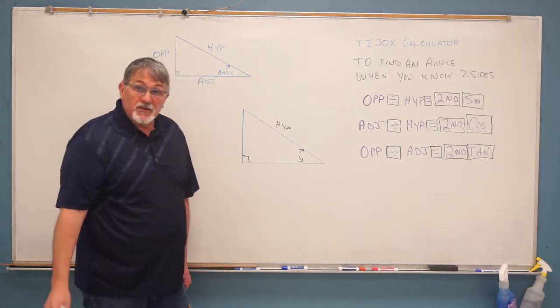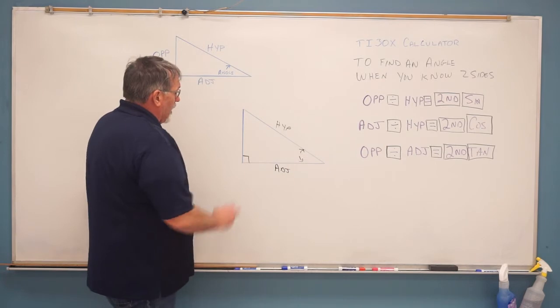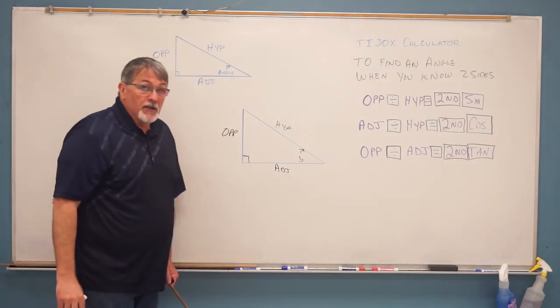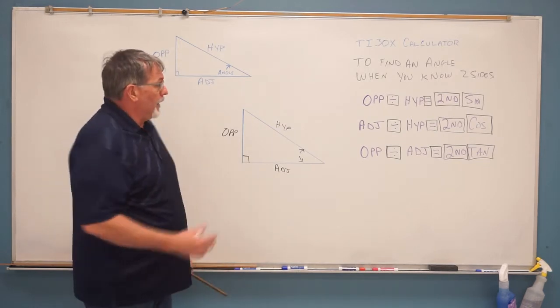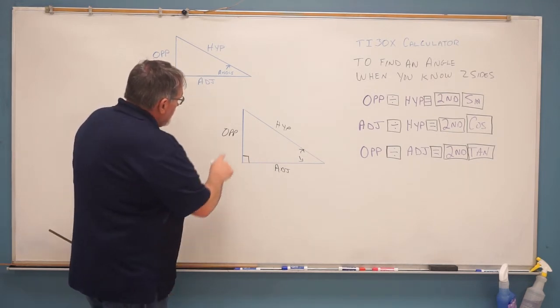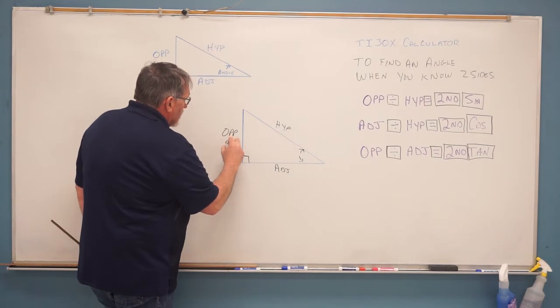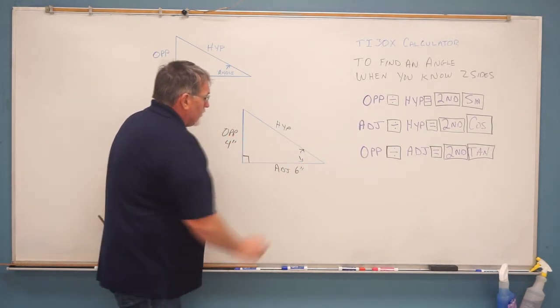Which is our adjacent side? So this will be our adjacent side because it's adjacent to the angle. And this is our opposite side. So let's just go ahead and give these some numbers right here. I'm just going to put some numbers in it, and then we're going to solve it. So let's just say this is 4 inches, and our adjacent side is 6 inches.